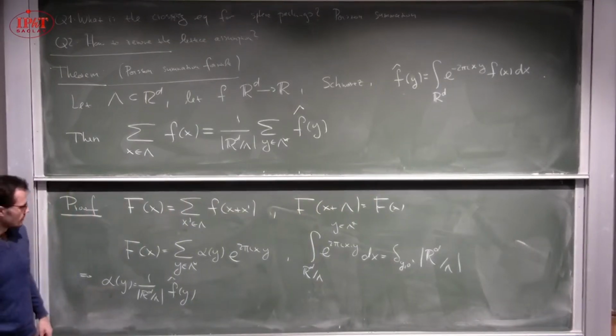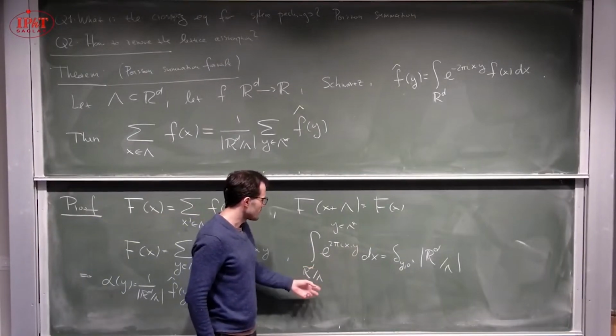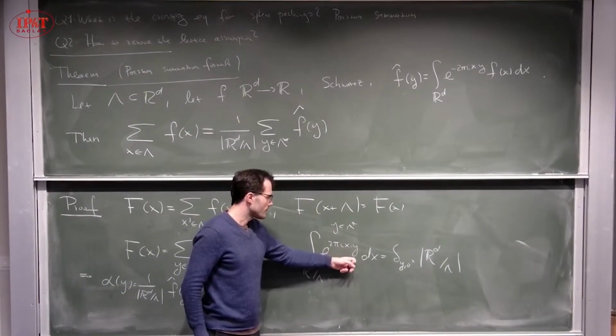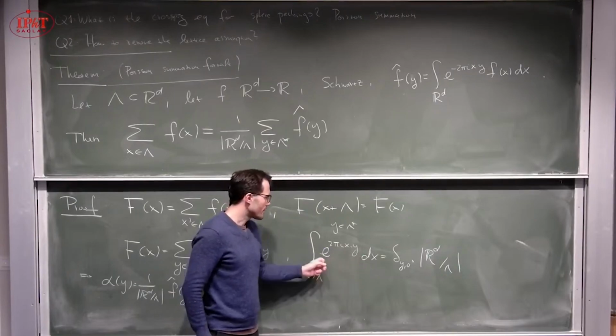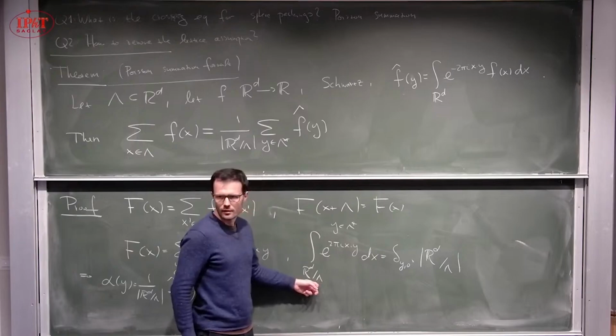But what is integrating over R^d over lambda actually? Well, this is a periodic function of x because y is in the dual lattice. So this is periodic with period lambda, so this integral is well defined.